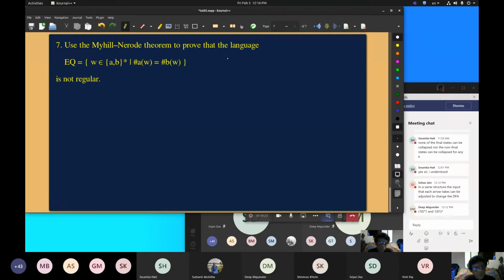So what do you have to do? If you have to use the Myhill-Nerod theorem, what do you have to do?